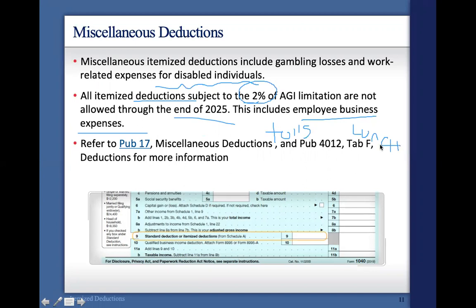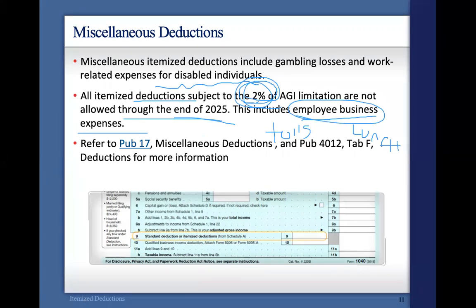If your employer does not pay you back for those things, you used to be able to take it as an employee business expense. Now notice that itemized deductions, for example, this employee business expense that used to be under this 2% limitation, are not allowed now through 2025.